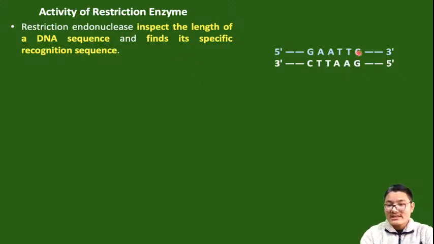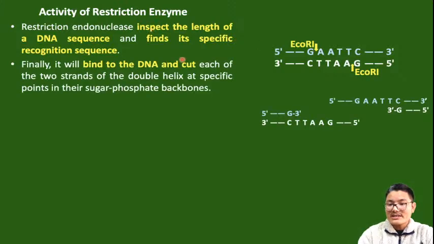So this is the length of the DNA. Suppose EcoRI is the restriction enzyme. It will observe the entire length of DNA and find the recognition sequence. After finding the restriction site, EcoRI, which is an example of a restriction enzyme, will cut the DNA and form two sticky ends. In between G and A there is a recognition site, and in between G and A of the opposite strand there is a recognition site.